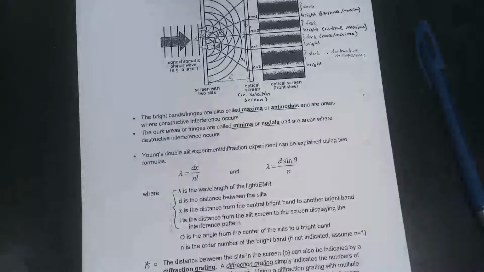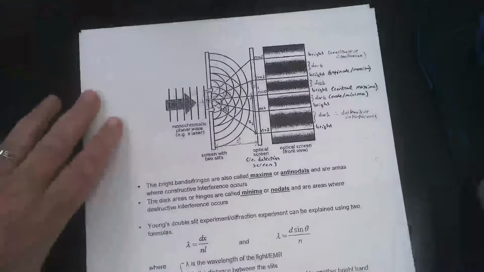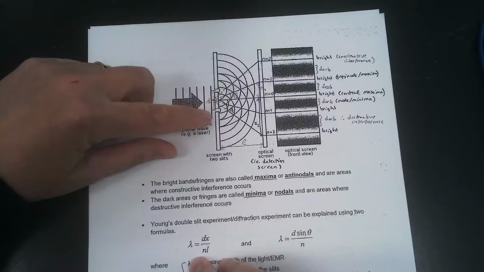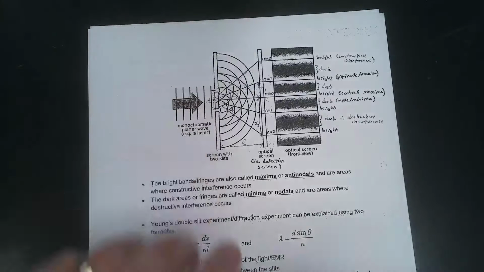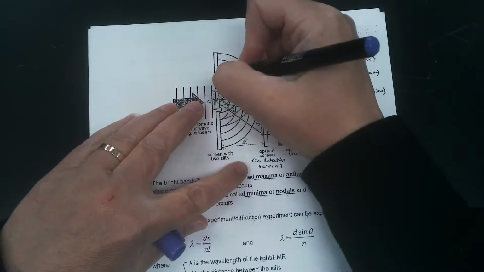Because when we look at a diffraction grating, I know this looks really confusing, but I'll explain it to you. The wave is coming in this way. Here's the double slit. This side of the waves is going to bend like this.